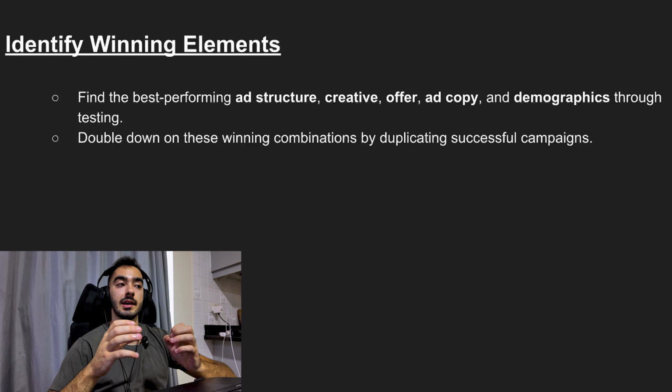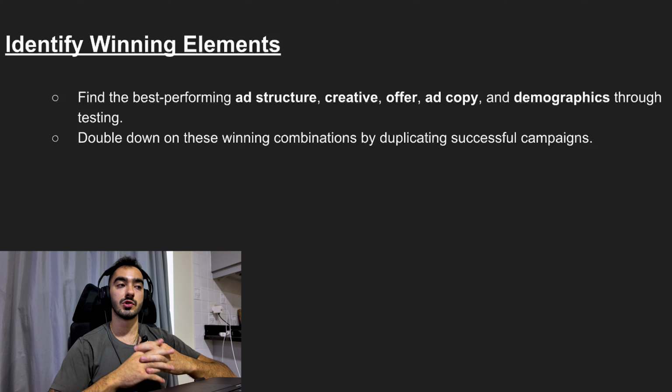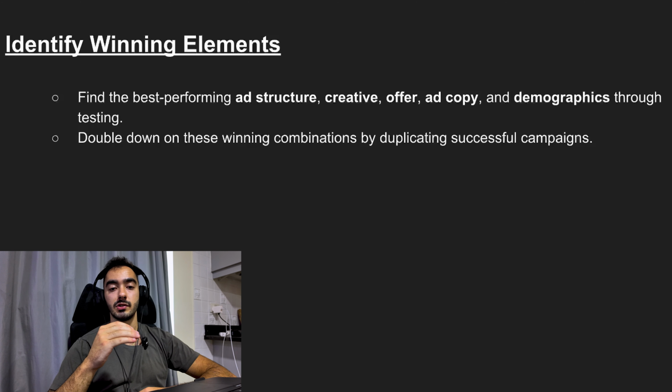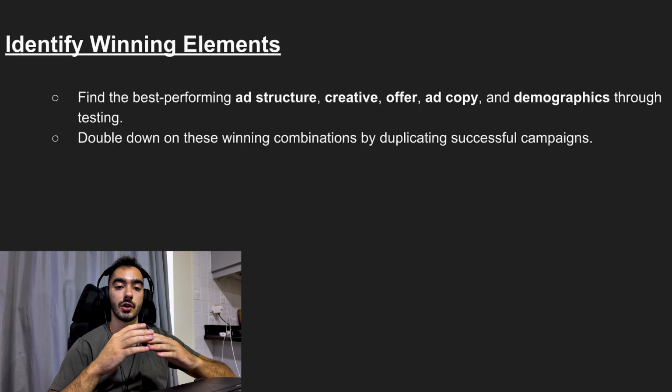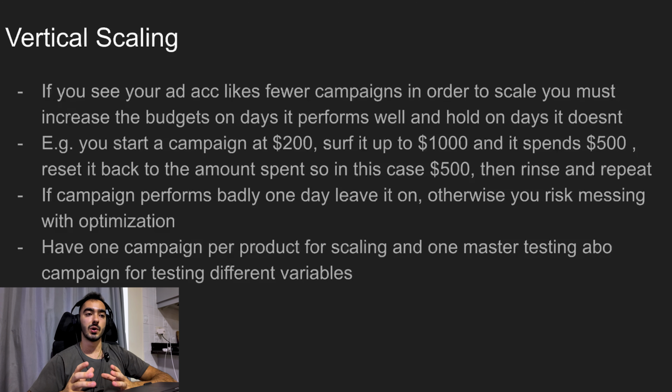What that means is you're just testing creatives in, let's say, 5 CBOs, and you're scaling those CBOs vertically. So rather than having multiple campaigns with lower budgets, you're scaling vertically with bigger budgets and fewer campaigns.